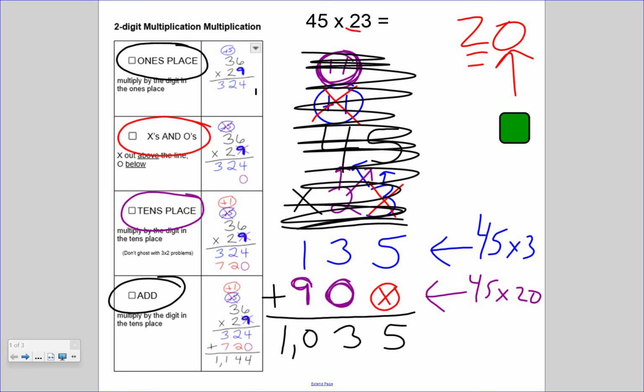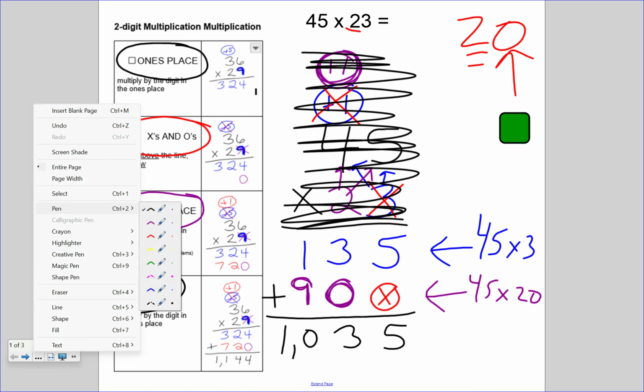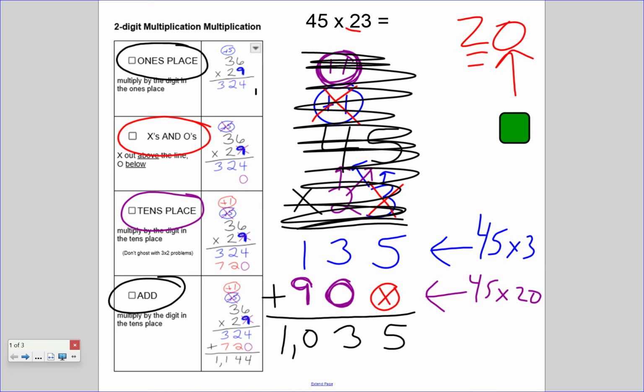Now, I should have led with this, but you should always estimate when you're working with 2-digit numbers because Bob sneaks in all the time when we are working with 2-digit numbers. And since estimating's so easy, watch how fast we can do this. 45 rounds to 50 and 23, using that front end estimation, rounds to 20.